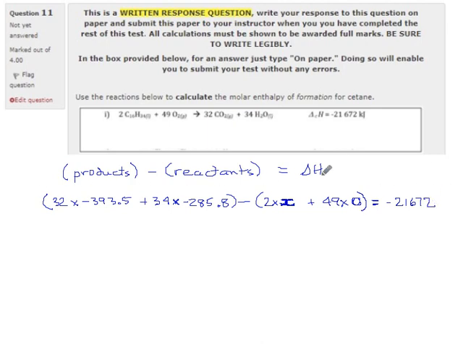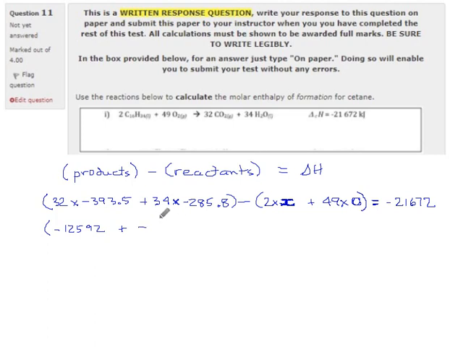So we know everything about this reaction except for this X, which means we should be able to solve for it. So let's do some math and see what comes out. 32 times 393.5 is minus 12,592. Plus, for the water, we get 34 times 285.8.